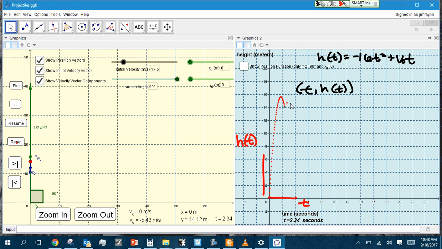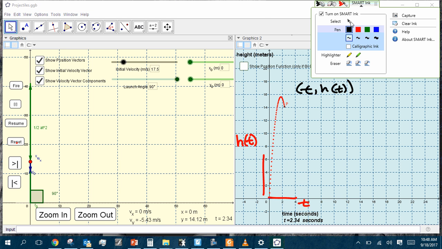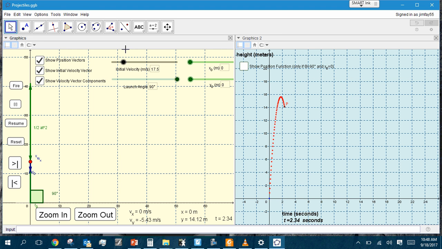But what we're seeing here is that every time I throw an object straight up in the air and it comes straight back down, its height measured against time shows us this parabola. And that parabola is then modeled by that function, negative 16 t squared plus v sub naught t plus h sub naught. And all of these points would be ordered pairs.